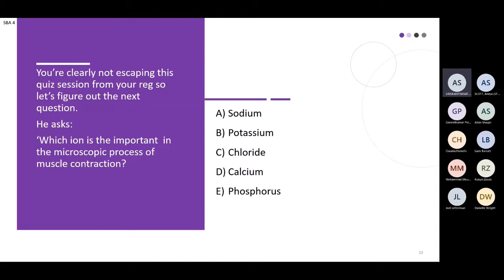Give you about 10 more seconds. Okay, close the poll now. So the correct answer is D. It's calcium ions, which are key for the contraction of the sarcomeres itself, as it aids the formation of this actin myosin cross bridge.